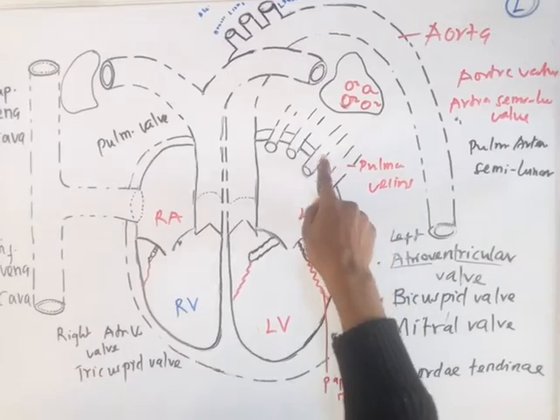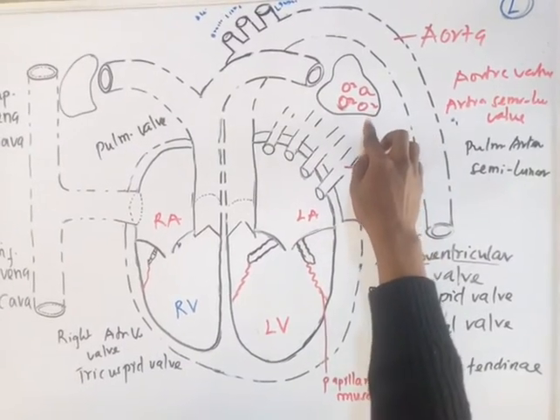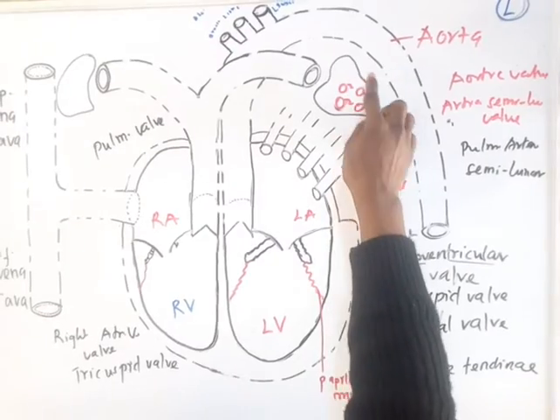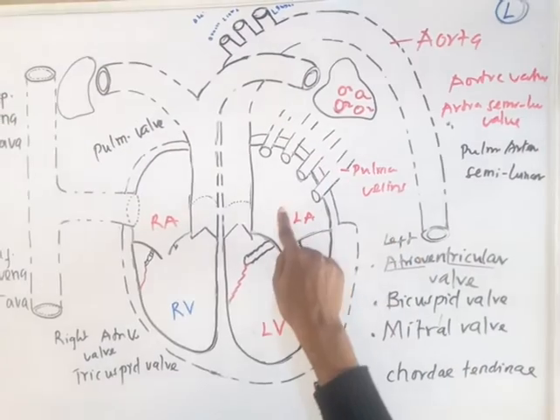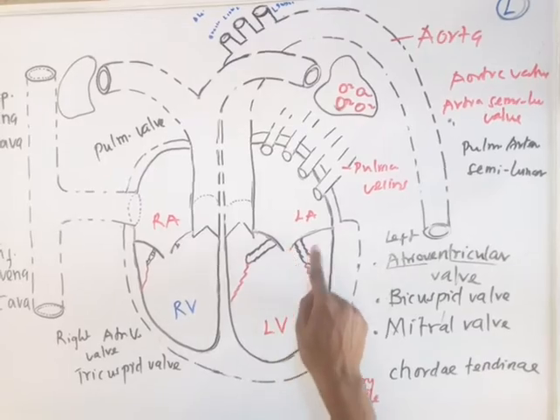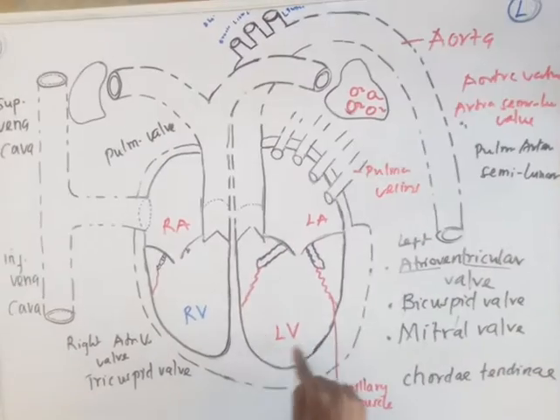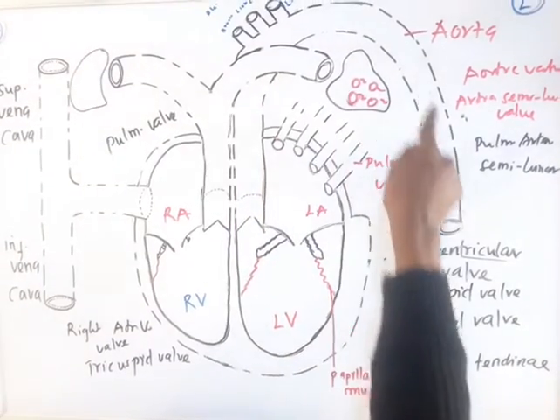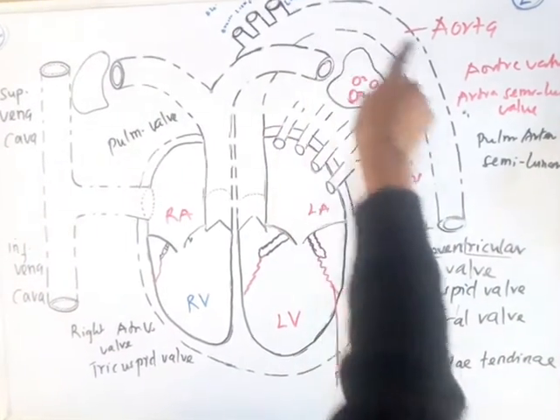The oxygenated blood goes from the lungs to the left atrium with the help of this valve, then to the left ventricle, and empties into this special vessel called the aorta.